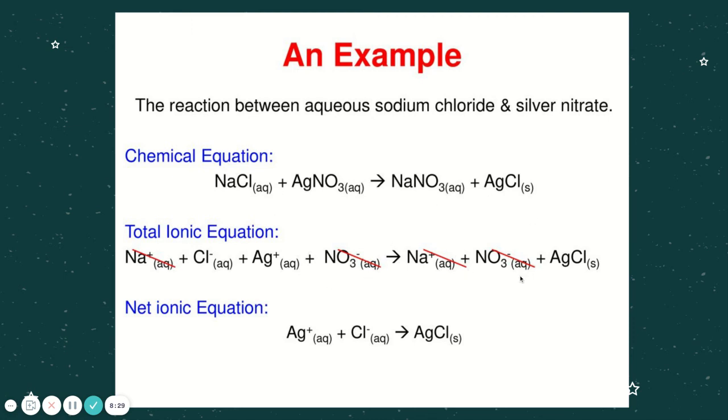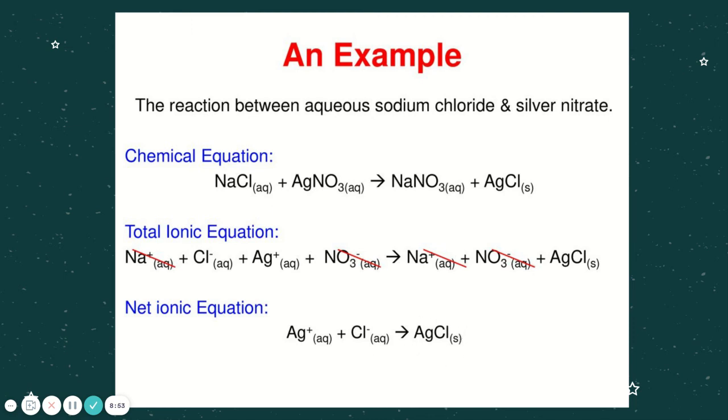And so when they got produced as ions, they stayed exactly the same. Nothing happened to them. No reaction took place for the sodium ion or the nitrate ion. So we call those spectators. We cross them out. And then our net ionic equation, again, it's the two ions that created our precipitate. So we have our leftover silver, our leftover chlorine, creating our precipitate product.